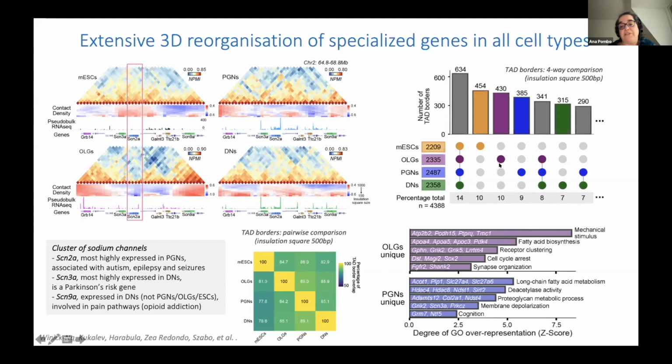And this really suggests that as the cells establish their gene expression programs, in the TAD borders we found not only what perhaps, in a different comparison, could be more housekeeping genes, but actually genes that are highly cell type specific and highly expressed in any one of these cell types.